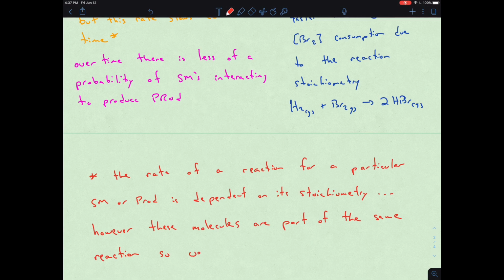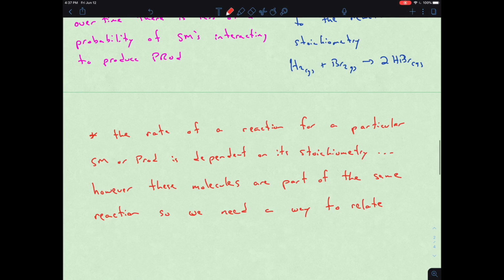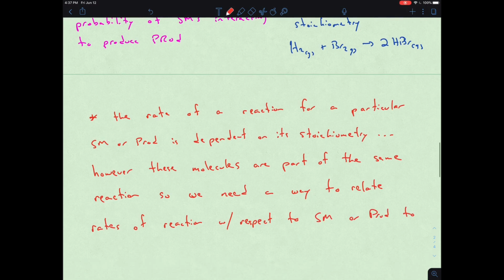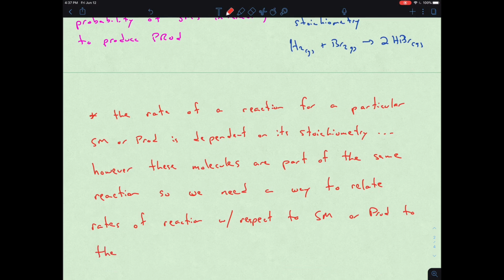So we need a way to relate rates of reaction with respect to starting materials or product to the overall rate of reaction.